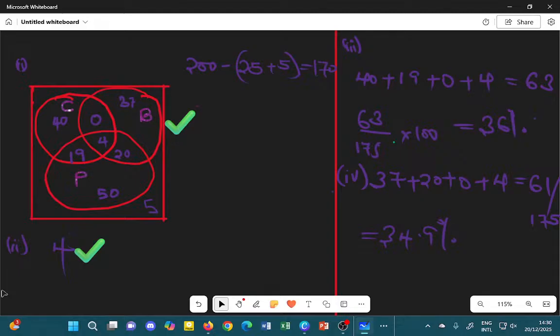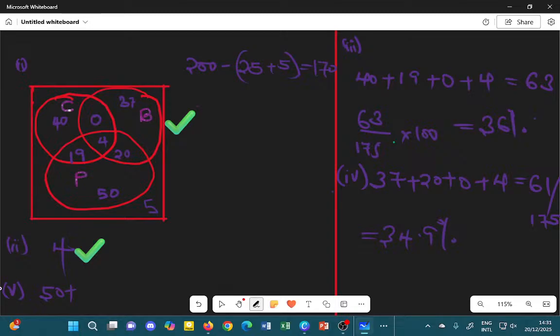So the fifth one is the proportion of persons that liked the packaging. Of course, I know this was the second, but now let me say fifth. Fifth is those who like packaging only, which will be 50, plus those who like packaging and color.